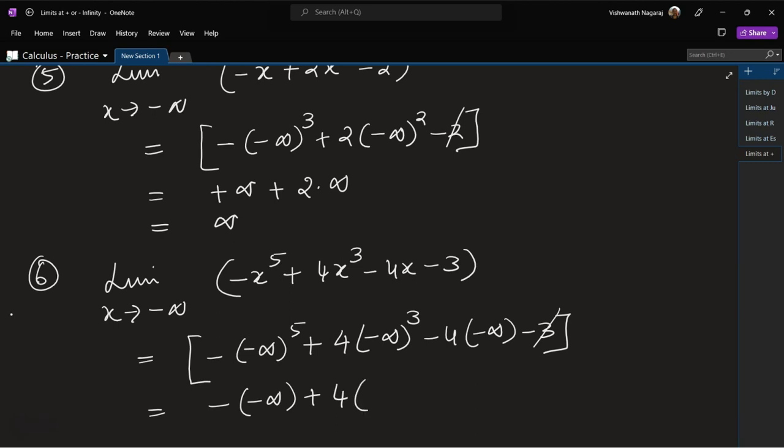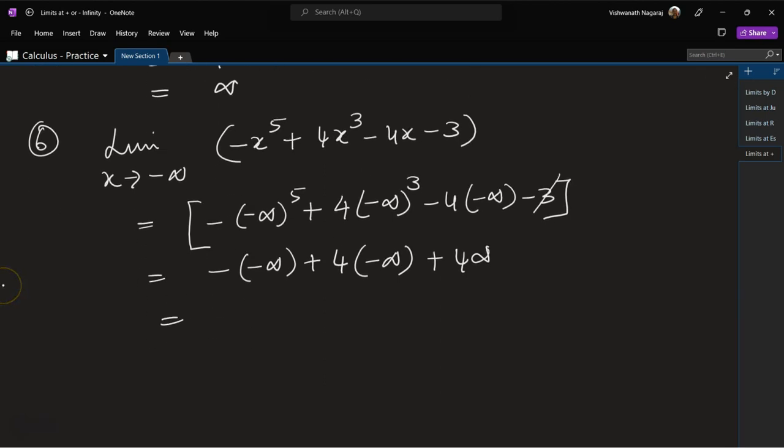Plus 4 times, again odd power, so this will be minus infinity, this will be 4 infinity. Okay, so minus into minus, plus infinity, plus, no, not plus, minus 4 infinity plus 4 infinity. Right, so we can cancel these two and this would be infinity.